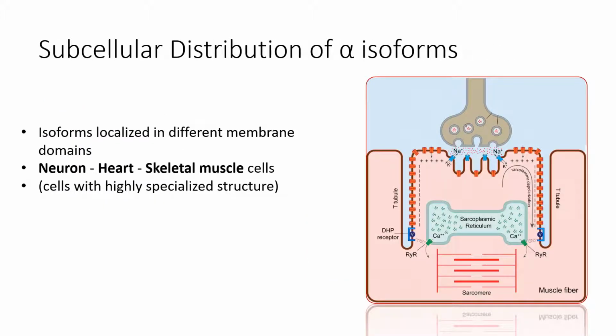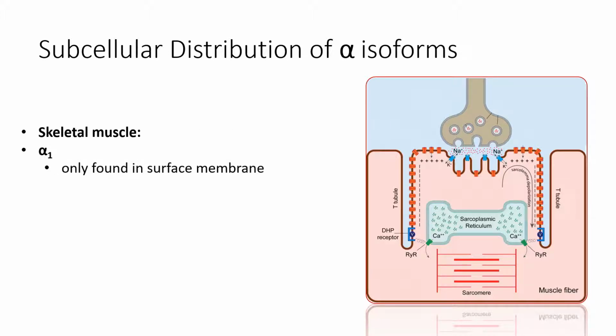As for the subcellular distribution of alpha isoforms, in cells with highly specialized structure and functions like neurons, heart, and skeletal muscle cells, isoforms alpha 1 and alpha 2 are localized in different membrane domains.